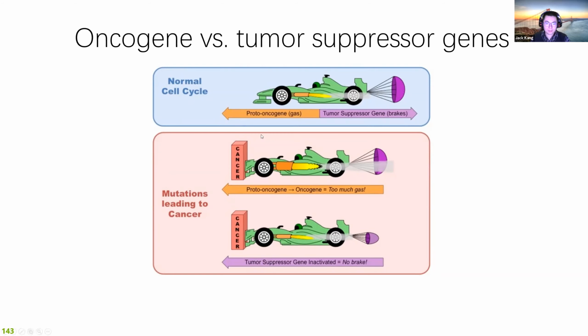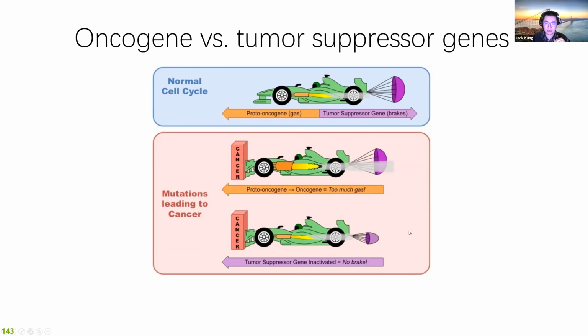However, in the cancer setting, there are two possible mechanisms that could lead to cancer. The first is that there could be some gain of function happening in your proto-oncogenes, and one will become an oncogene. Using this analogy, it's like the gene is overactivated, like your car having too much gas, so you will progress towards cancer.